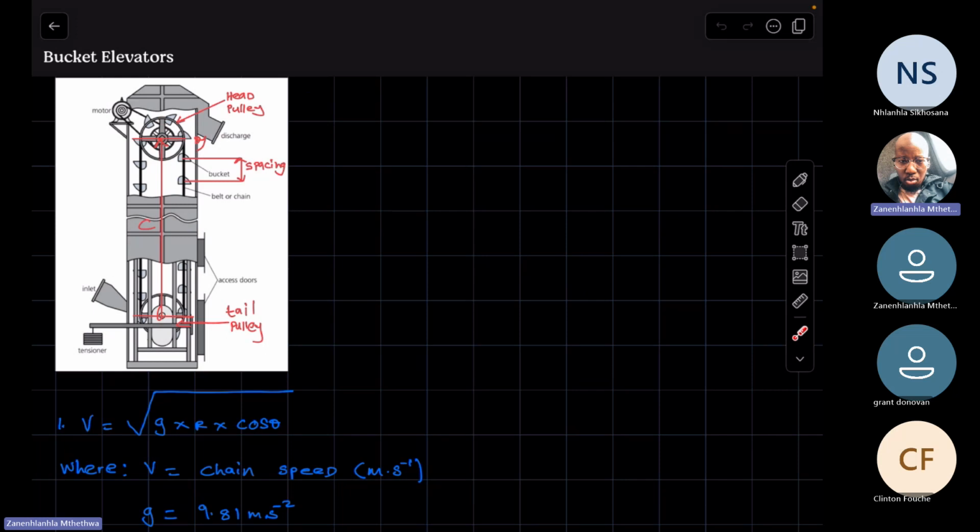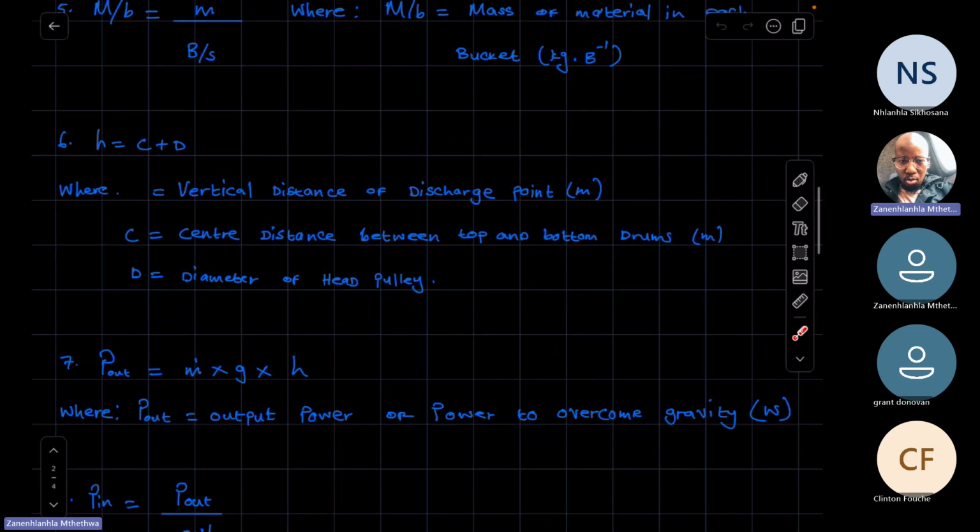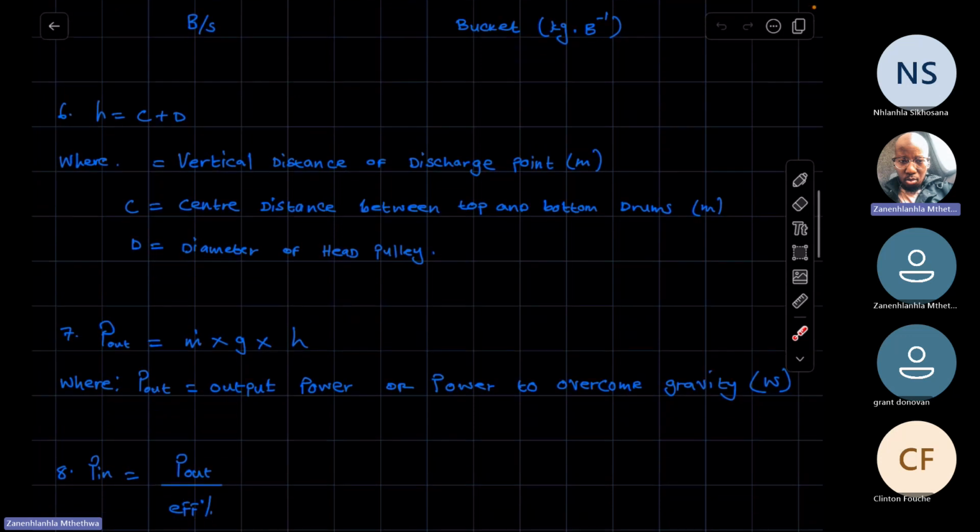Now, radius plus radius is equal to the diameter. Hence, to calculate the height, you simply say the height is equal to the sensor distance plus the diameter. Pretty straightforward. As you know, sensor distance is also in meters. The diameter will also be in meters.